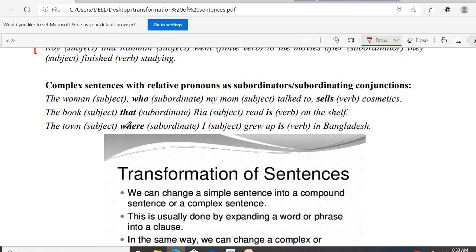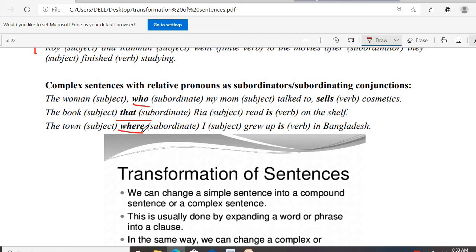Complex sentences with relative pronouns as subordinators, subordinating conjunctions. That is, there are some other complex sentences in which you will see the use of relative pronouns, and this relative pronoun will be used as a subordinating conjunction.